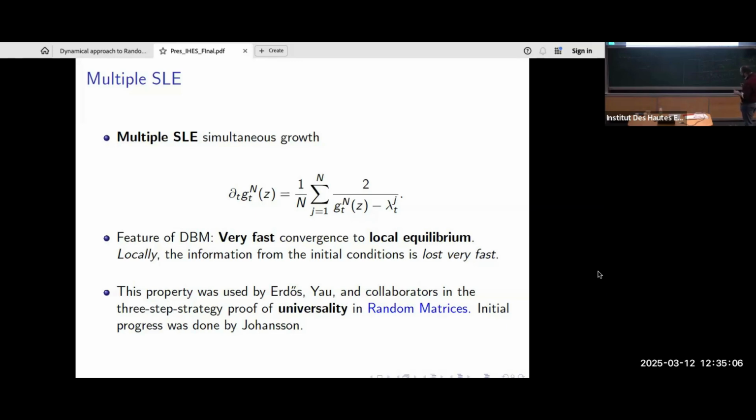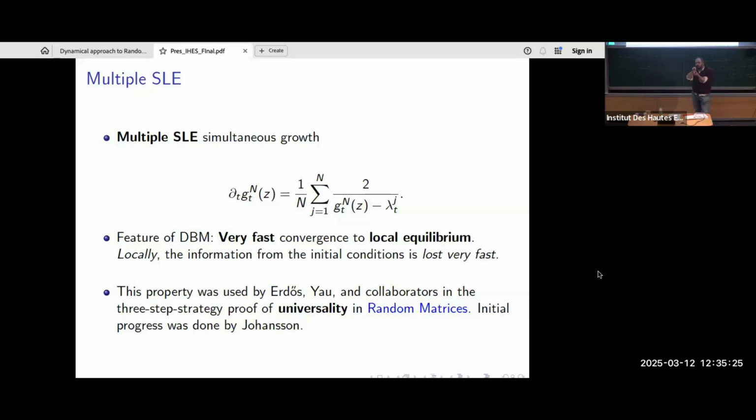What does local equilibrium mean? As you can see, there are some electrons in a heat bath. They take order 1 time to reach global equilibrium. I mean, if you start them from somewhere nice, they will take some order 1 time to really reach the equilibrium. However, there is a notion of local equilibrium.